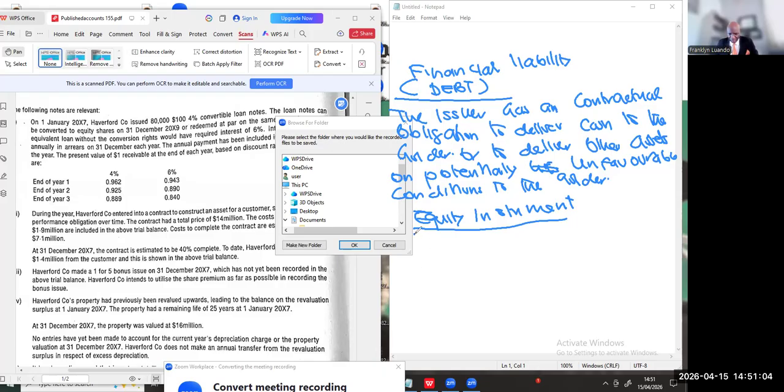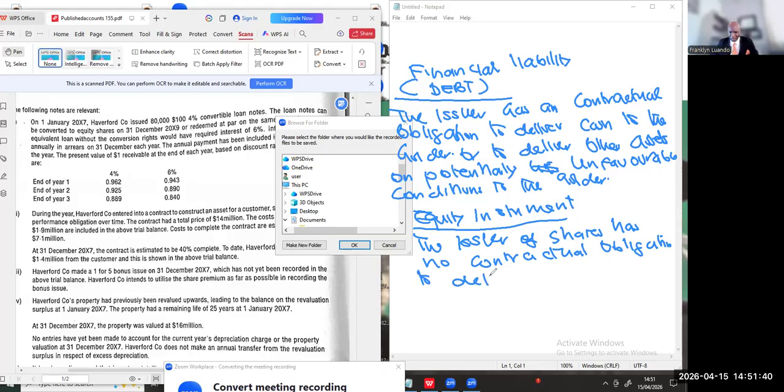The issuer of shares has no contractual obligation to deliver cash or other assets.